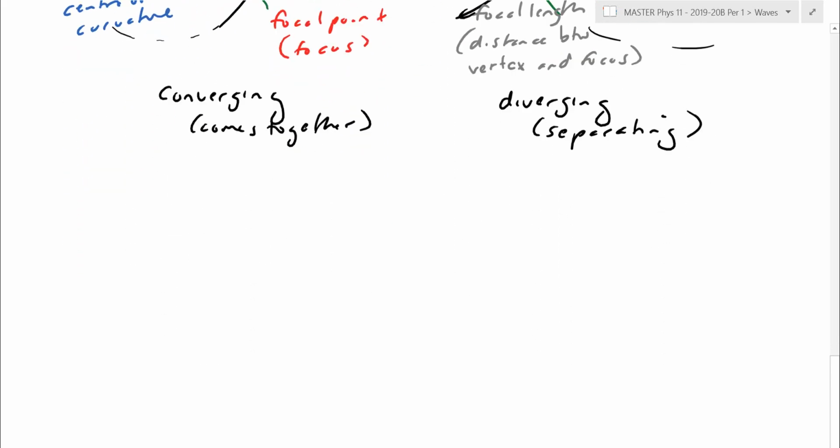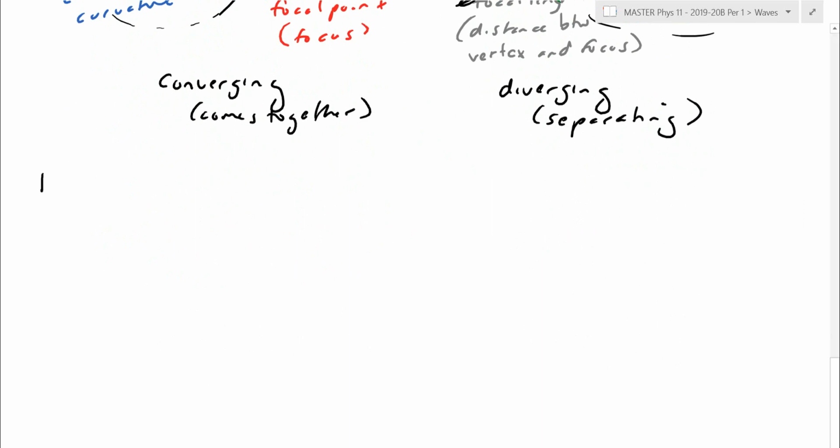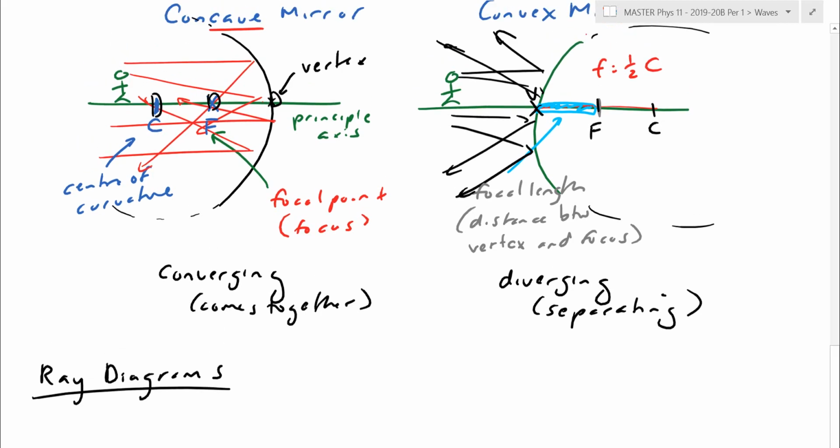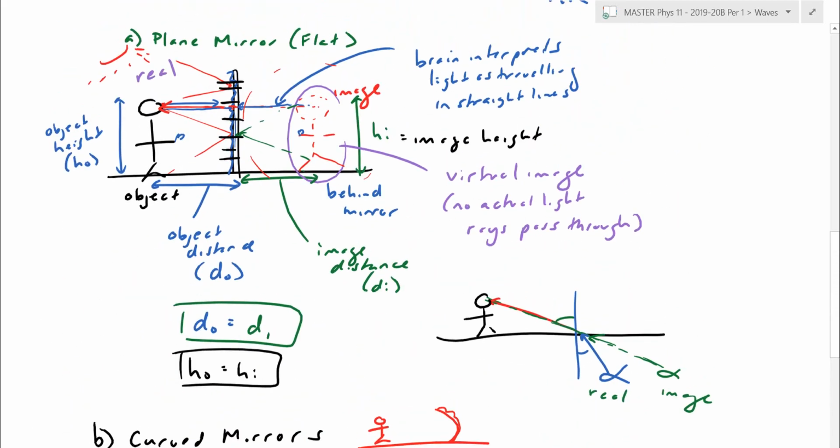We're going to end off this lesson looking at what are referred to as mirror ray diagrams. Essentially, what we want to do is predict, if I stood a certain distance, if I was on C, or closer than C, based on the ways the light rays are bouncing off, whether they are converging or diverging, where I might end up seeing my image.